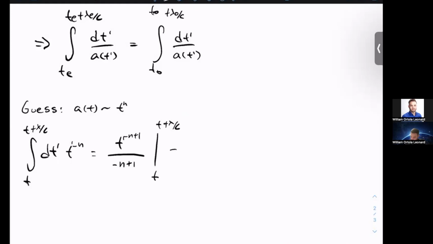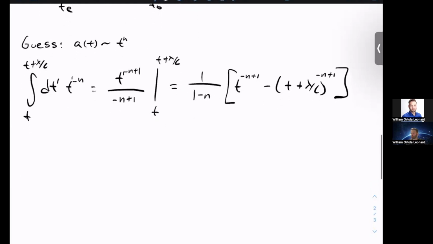And then what we end up finding once we apply the limits is 1 divided by 1 minus n times t raised to the power of minus n plus 1, minus t plus lambda over c raised to the power of negative n plus 1. Okay, and what we're going to do next is factor out the t's.